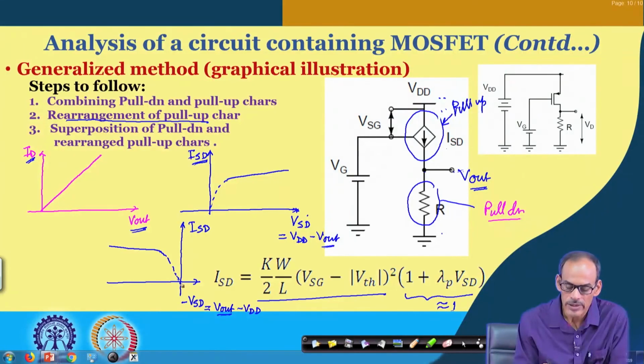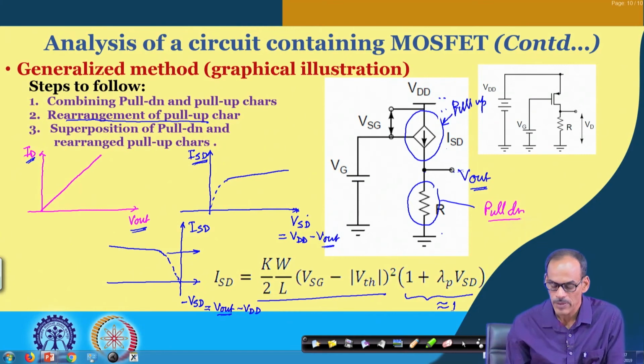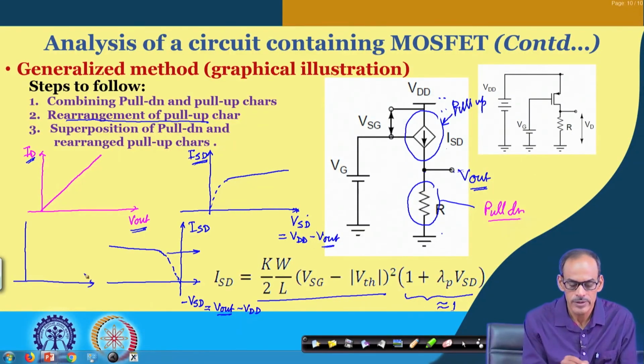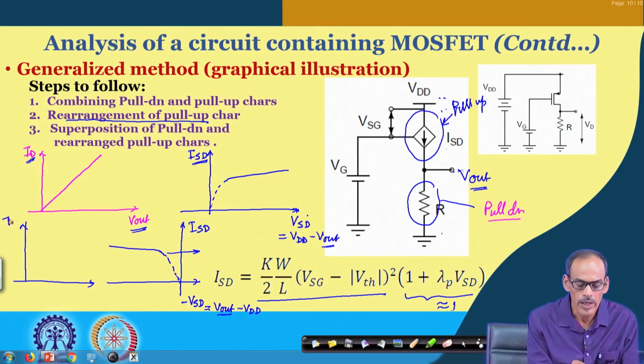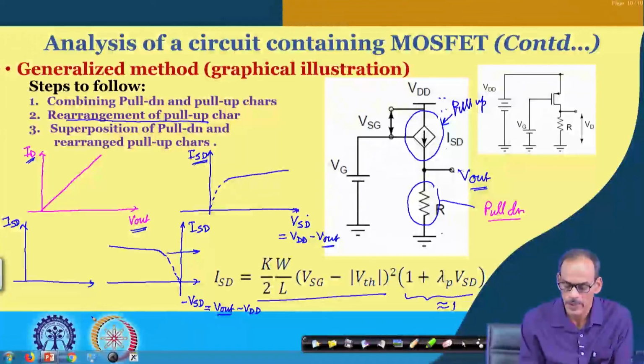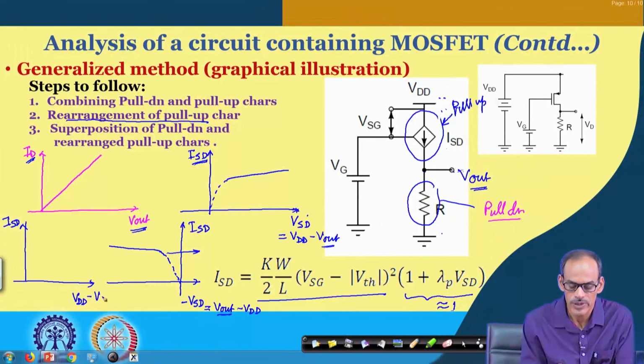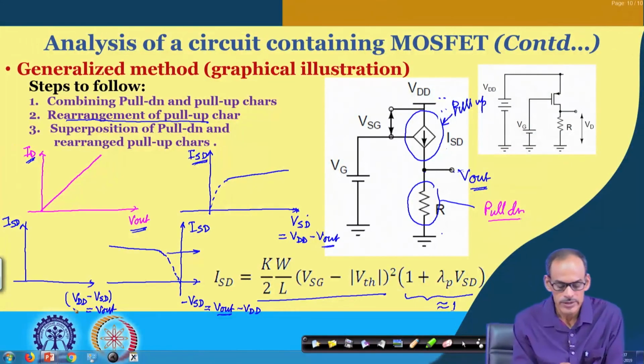To adjust that, we have to shift this characteristic towards the right by an amount of VDD. If you do that, then the characteristic gets shifted. So, now ISD versus VDD minus VSD, that is of course equal to V out, since we are adding this VDD part.